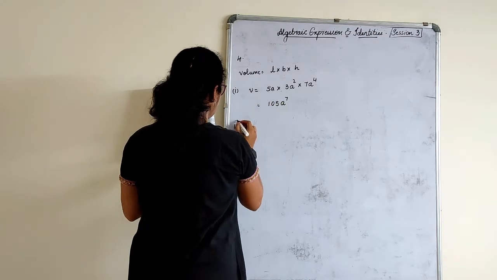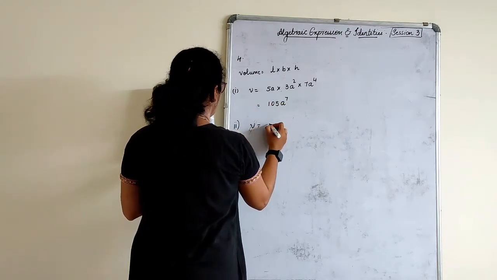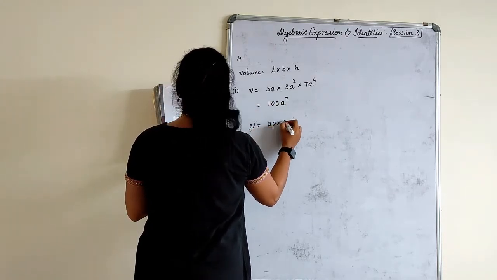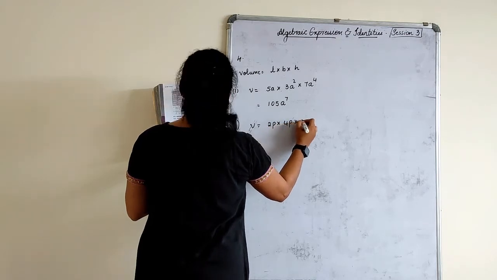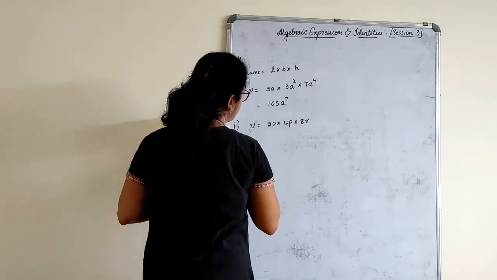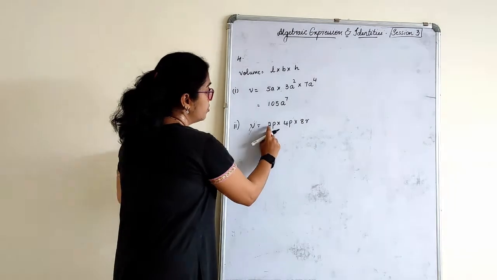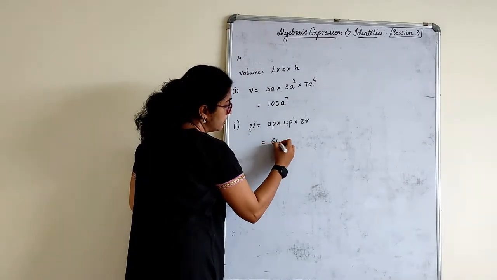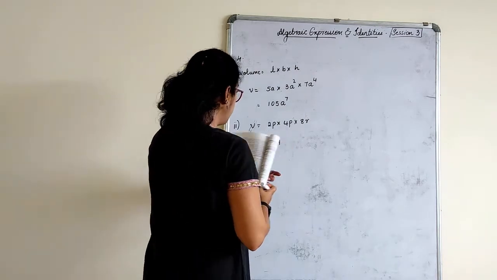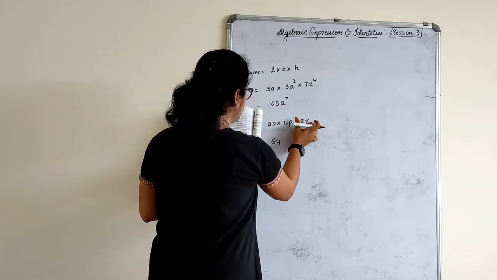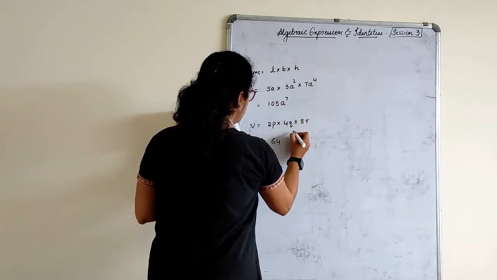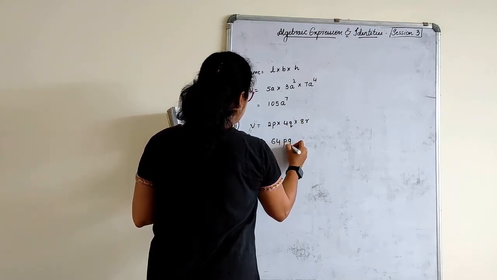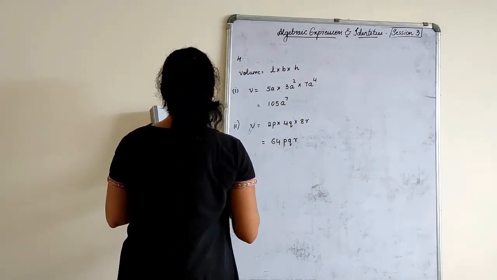Next one. Volume we will write as 2p into 4q into 8r. So 2 fours are 8, 8 eights are 64. Now here p is 2 times. Oh sorry, this is q, right? Yes. So it is 64pqr.